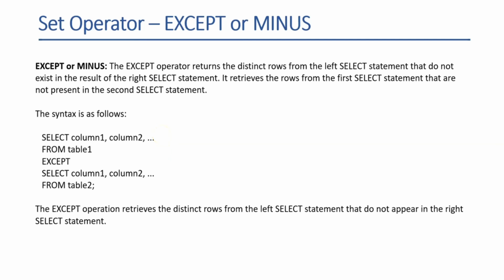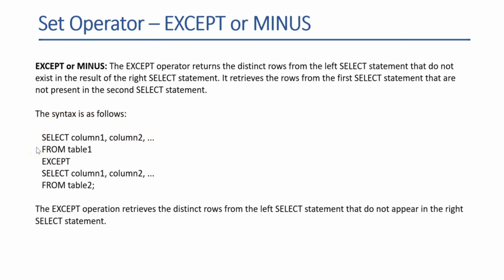Let's suppose in the first one I have 4 records, and in the second one there is one record common. So it will give me the 3 records which are only present in my left, or the first, select statement. So except means that it will only give the distinct ones from the first result set.